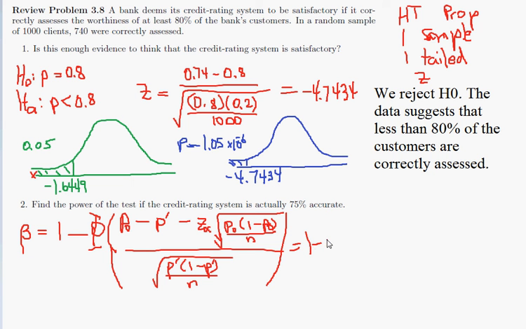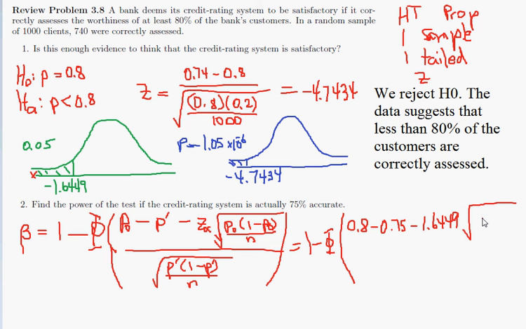So substituting in the numbers, we have p naught under the null hypothesis is 0.8, p prime under the assumed alternate is 0.75, minus z alpha, which is 1.6449. So remember, z alpha is a positive number. Negative 1.6449 is the critical value.